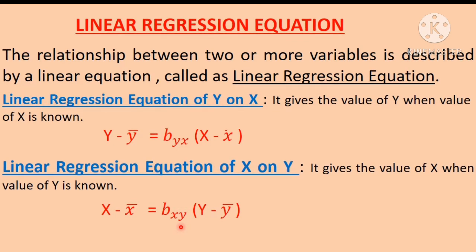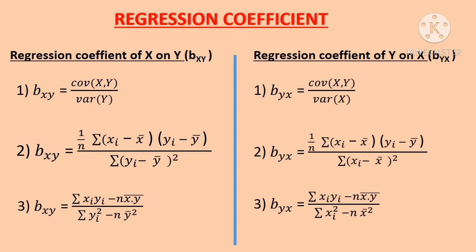Now let's move ahead. I have already told you there are two types of regression coefficients, bxy and byx. So how do you find the values of these coefficients? The value of bxy is equal to covariance between x and y upon variance of y.